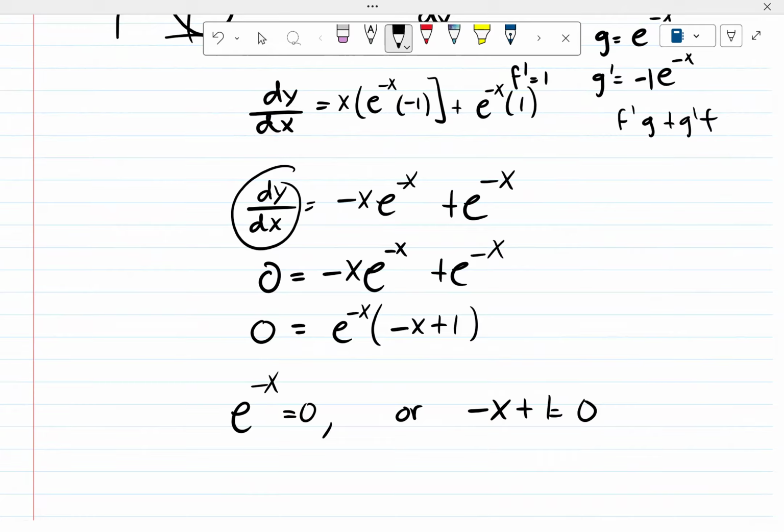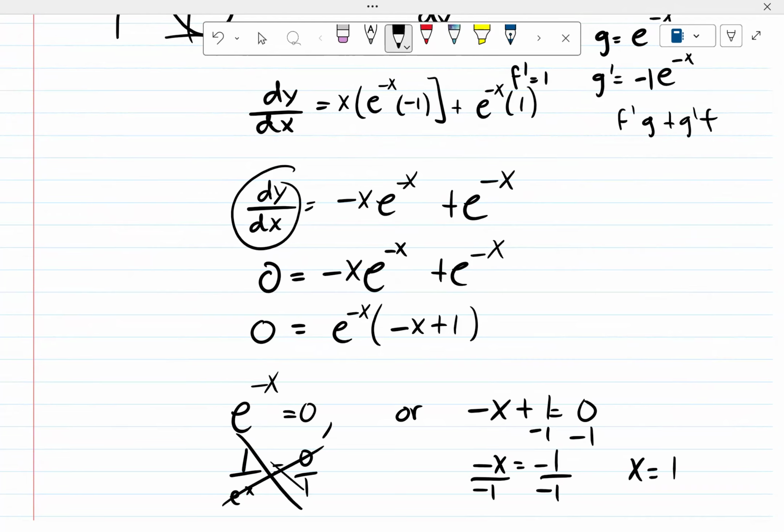Here, e to the negative x will not work, because e to the negative x is the same thing as 1 over e to the x, and setting that equal to 0 over 1 and cross multiplying will not work. Over here, it might work, so I will subtract 1, and you get negative x equals -1, then divide by -1, and you get x equals 1. Okay, so that's 17. Let's move on to 18.